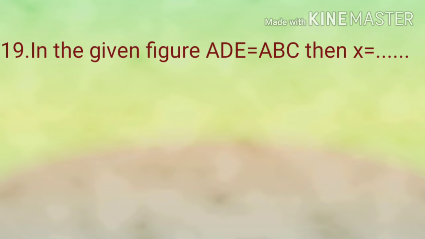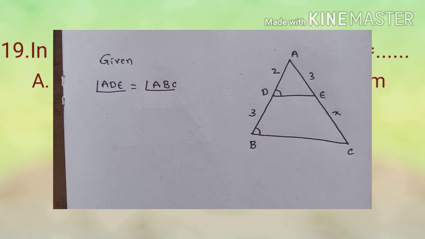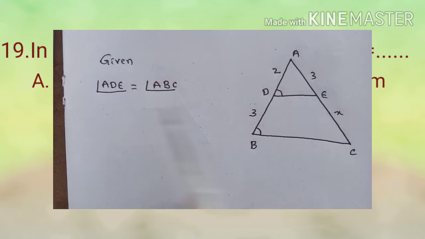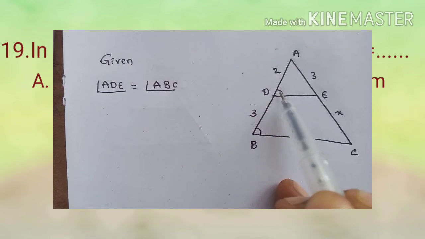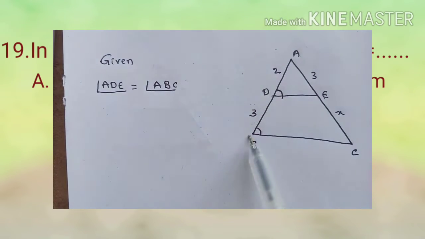In the given figure, angle ADE is equal to angle ABC, then x is equal to what? Given in the problem, angle ADE is equal to angle ABC.